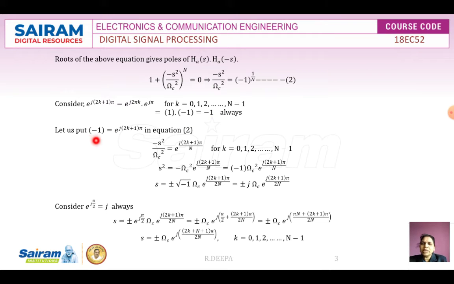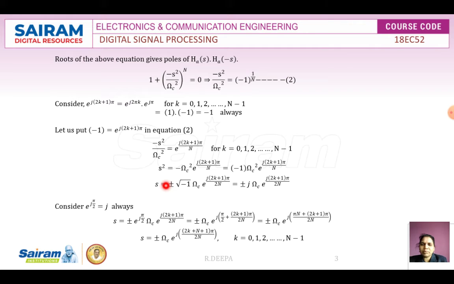In the next step, let me substitute minus 1 for the value of e power of j(2k+1)π in the above equation. So here I am going to replace it with e power of j2πk by n, and then let us simplify it and calculate the value of s.